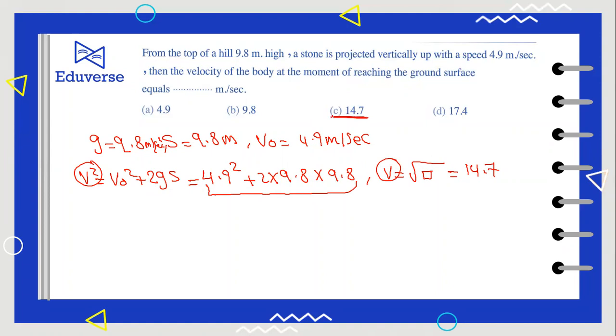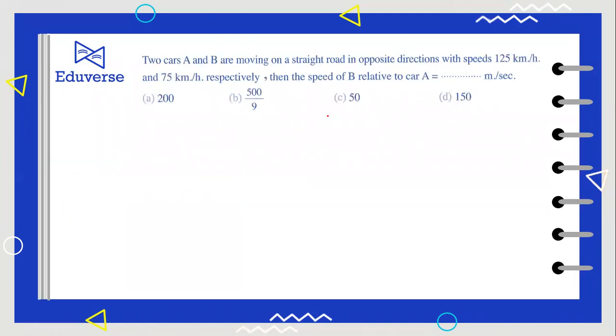Okay, next. Two cars, A and B, are moving on a straight road in opposite directions. Opposite direction means their velocities have different signs, with speeds 125 km per hour and 75 km per hour respectively.